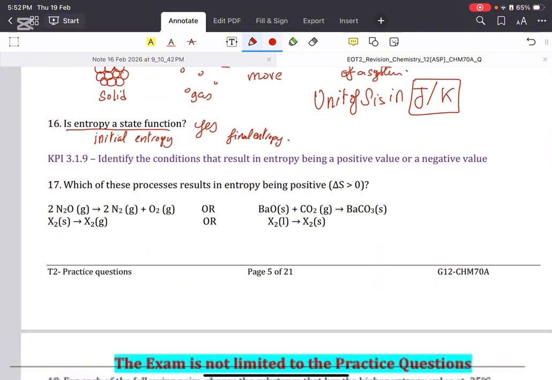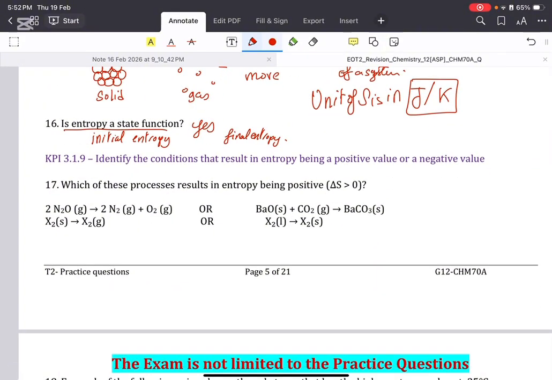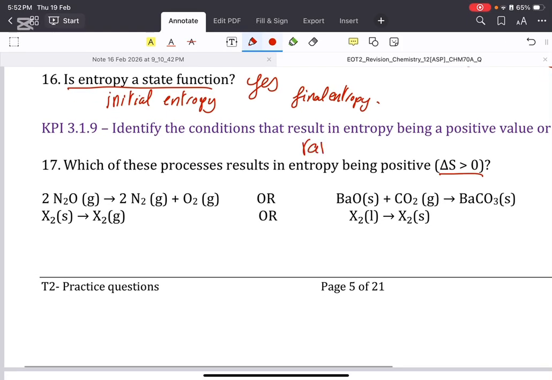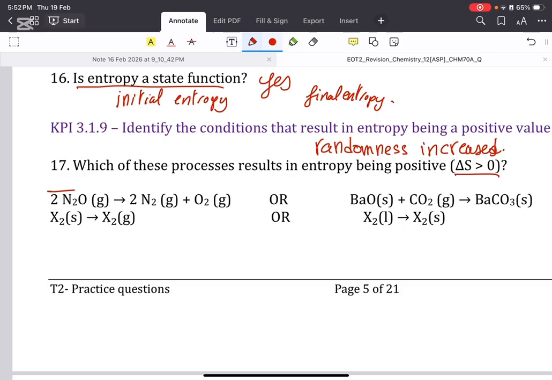Moving on. Which of these processes result in entropy being positive? For entropy to be positive, it means that the randomness or the disorder increased. Let's look at these two equations here.